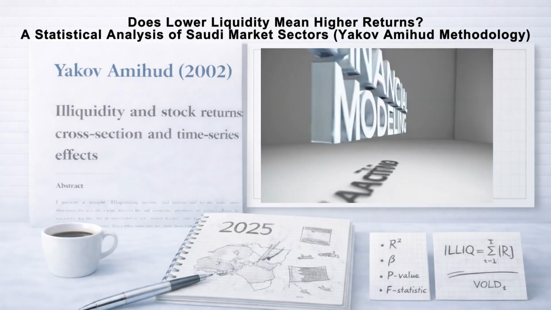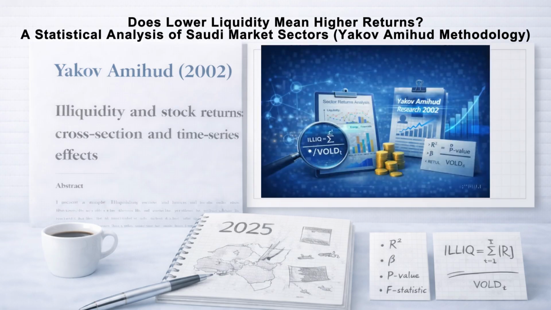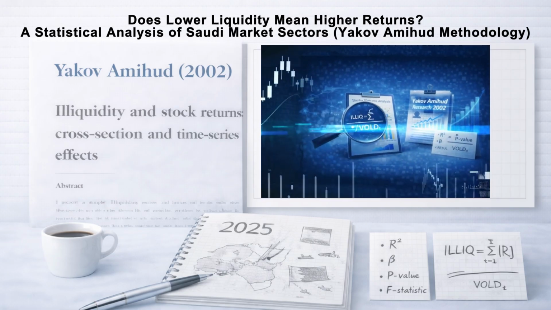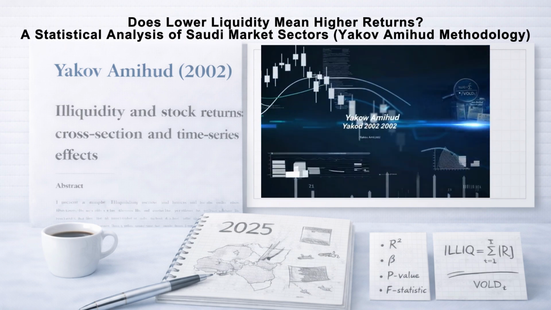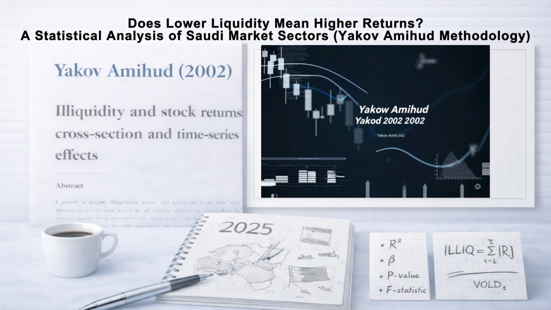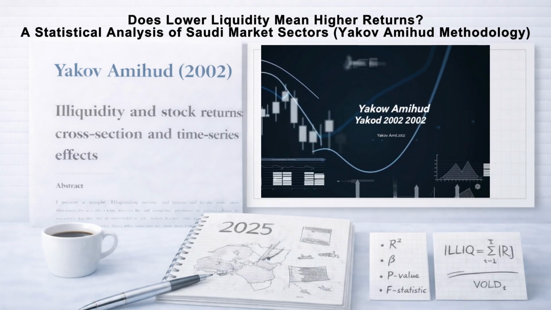In this video, I follow the same approach developed by Yakov Amihud in 2002. In his well-known research on liquidity and returns, he tested his hypothesis on stocks listed in the New York Stock Exchange between 1963 and 1997.